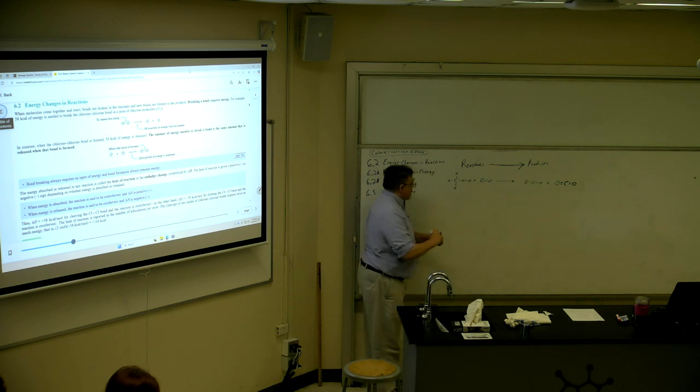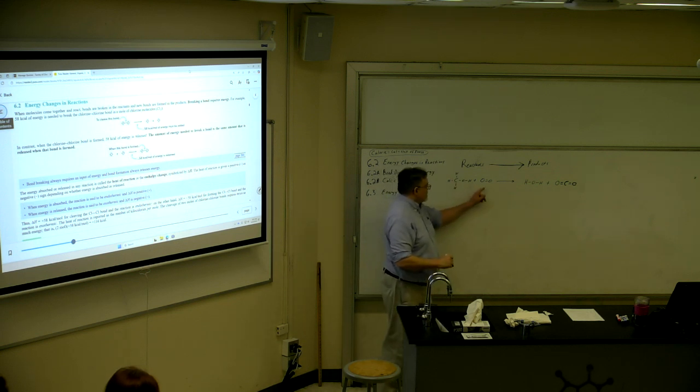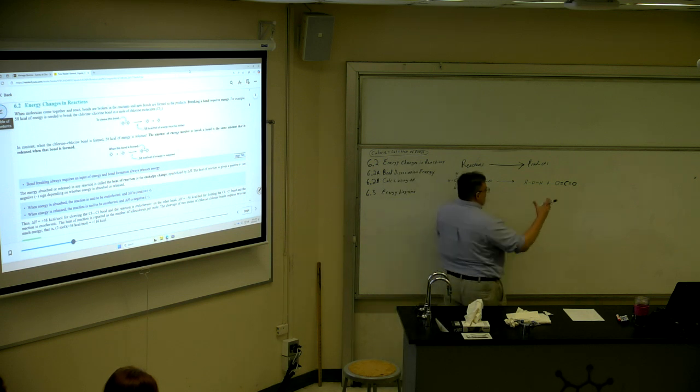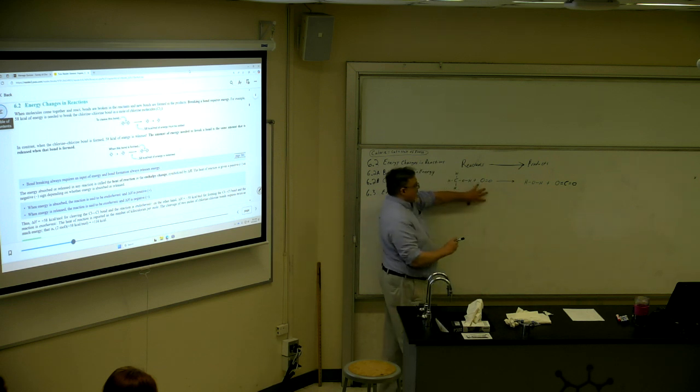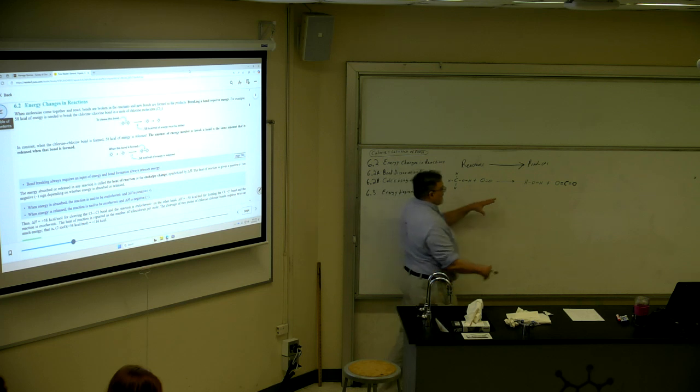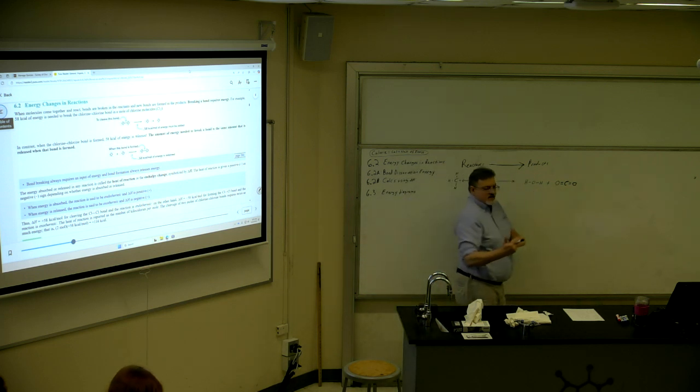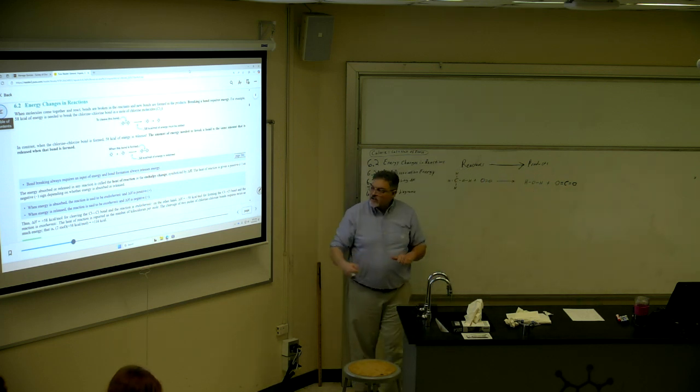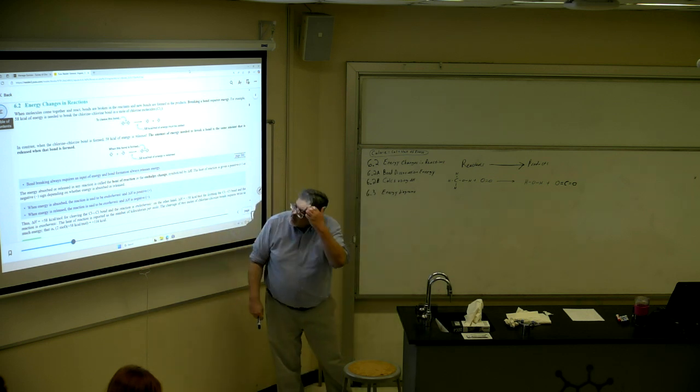The bonds that are being broken are all these bonds. All those atoms come apart, and then they come together to make these. So bonds are broken here in the reactants. Energy has to go in to break all of those. And then when they form, energy comes out. So that's really what that's referring to.